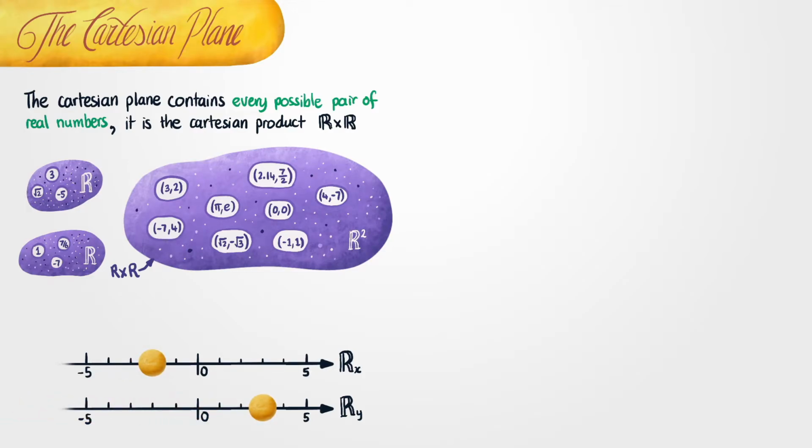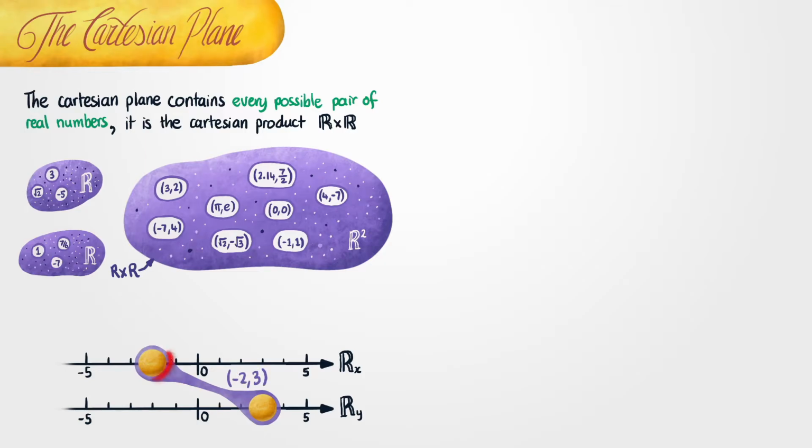Now, most of the time, people will call this value the x value, because it's the value on the first number line, which we called Rx. And then similarly, this value over here will be called the y value, because it's the value on Ry. Now, as you can see, the value on Rx is -2, and the value on Ry is 3. So that means we have the pair of points -2, 3.